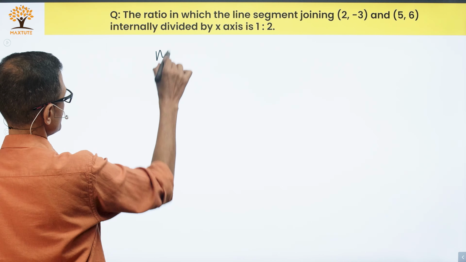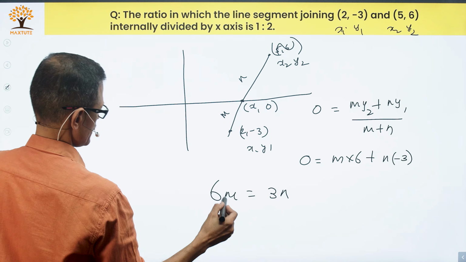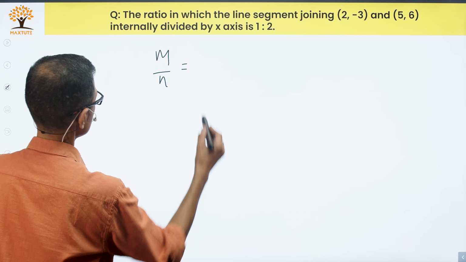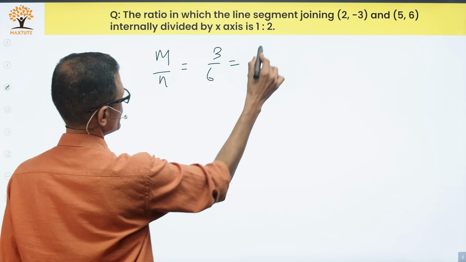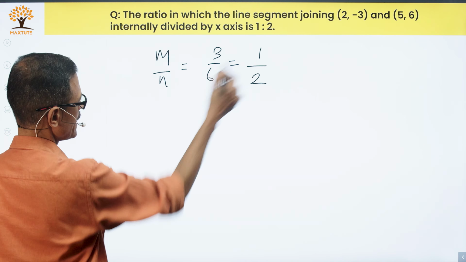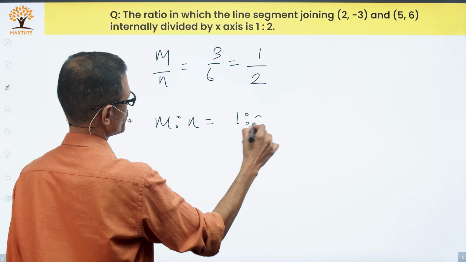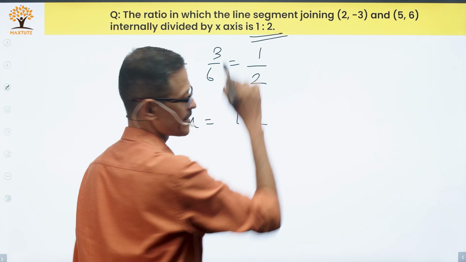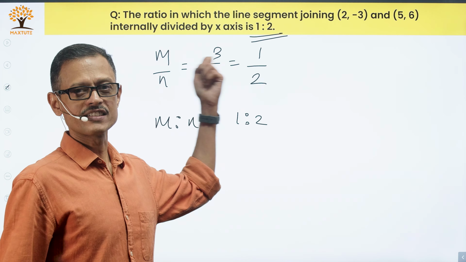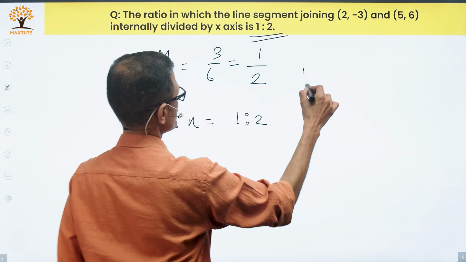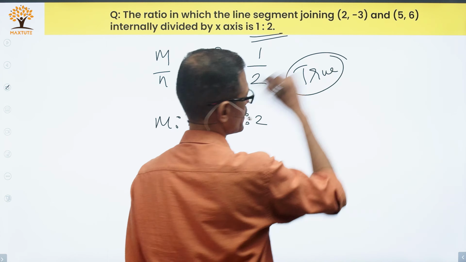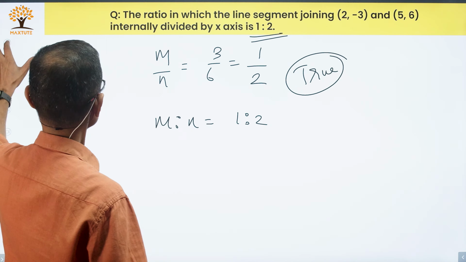M by n is equal to 3 by 6, which is equal to 1 by 2. If m by n is equal to 1 by 2, then m:n is equal to 1:2. So is the assertion right? Yes, the x-axis is dividing this line segment in the ratio of 1:2. Assertion true. Done.